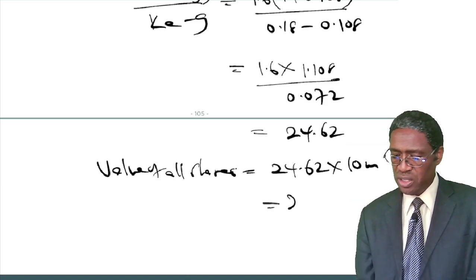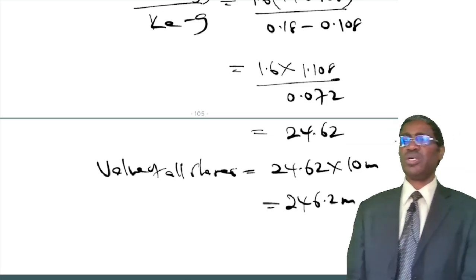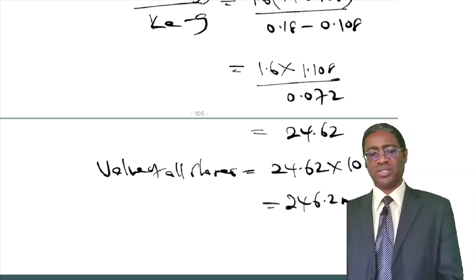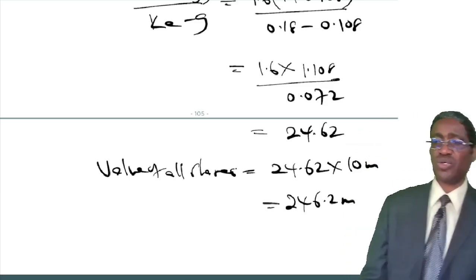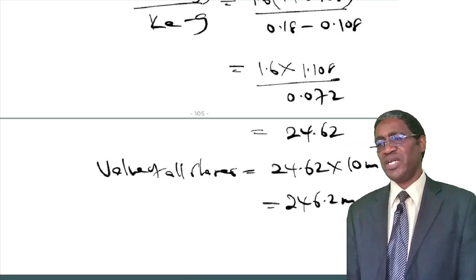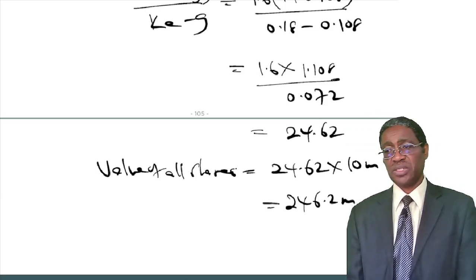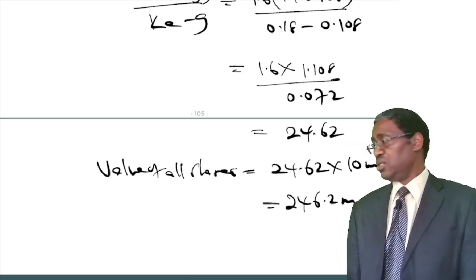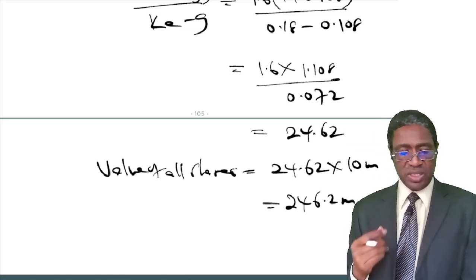This will be 246.2 million shillings. Good. That is it for now. Maybe for now we can even stop there. So for today we can stop there. Pick it up from there next time, where we shall develop the topic.